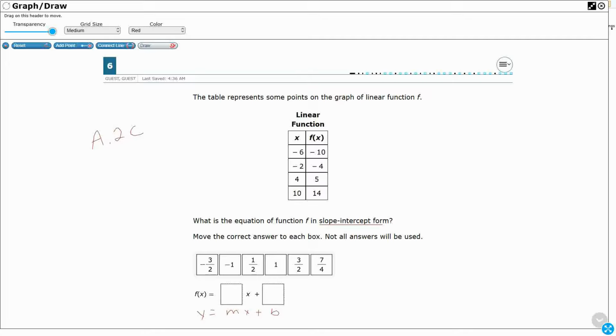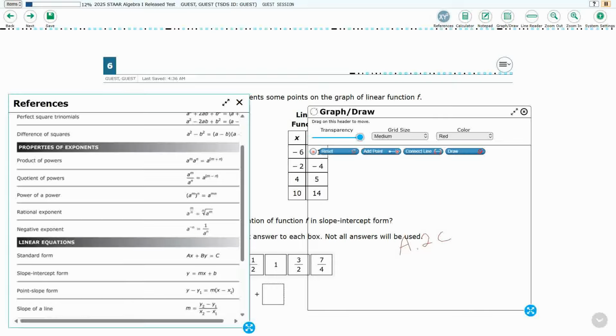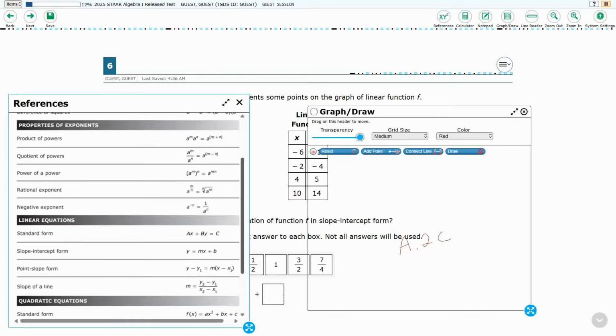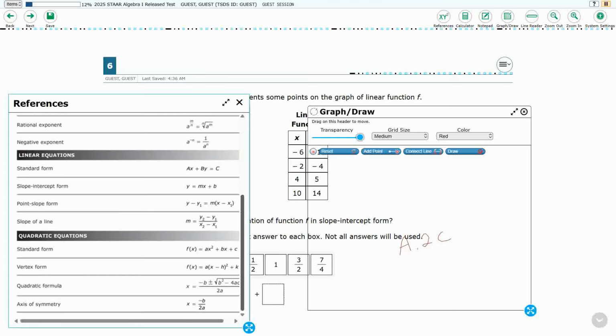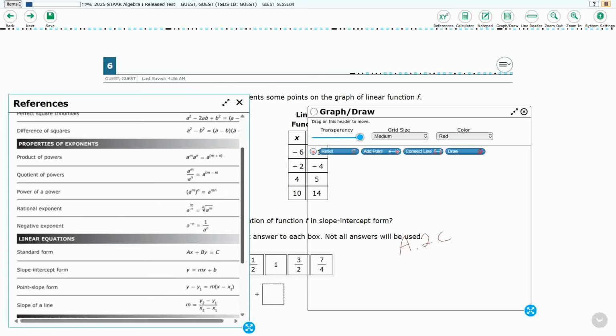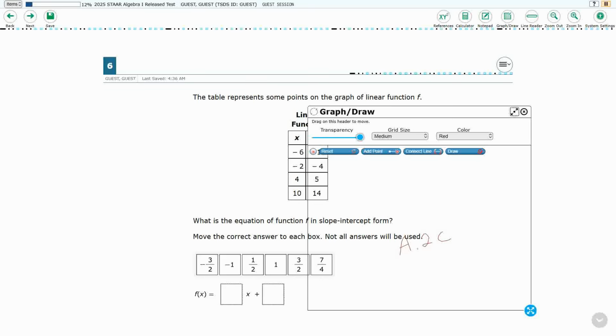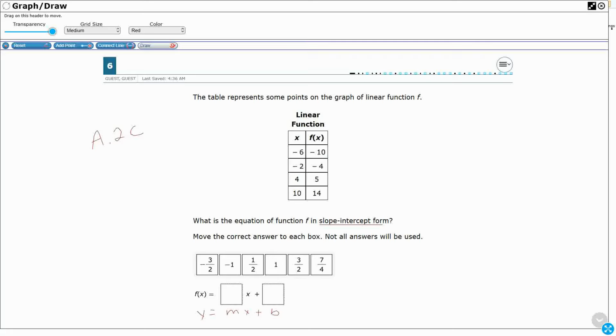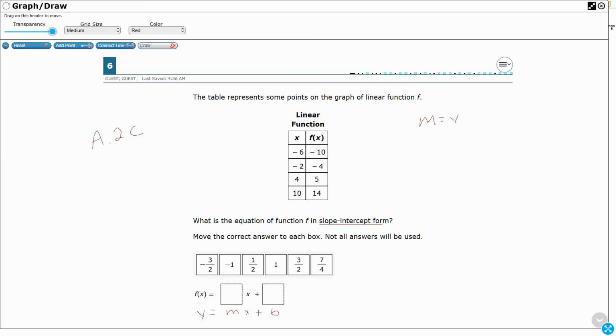So we need to find two different values, the m and the b, and we can use our reference materials. Then if we look at the very bottom, we will see these linear equations, and we'll see slope of a line, change in y over change in x. That's what that m is. And so that's what we're going to do, change in y over change in x.